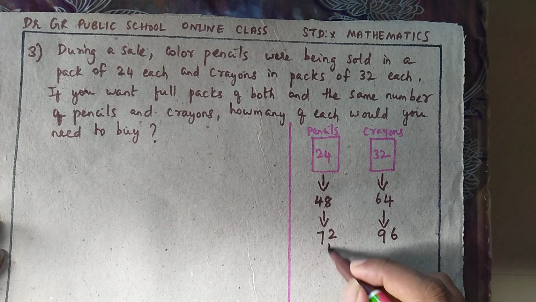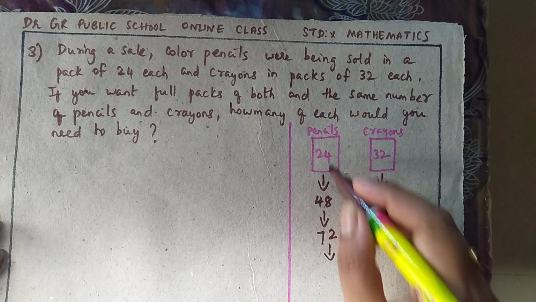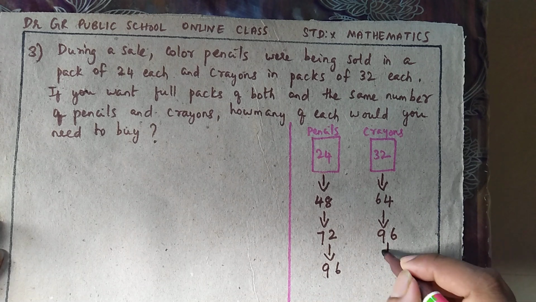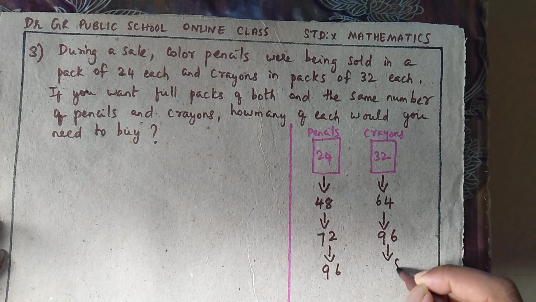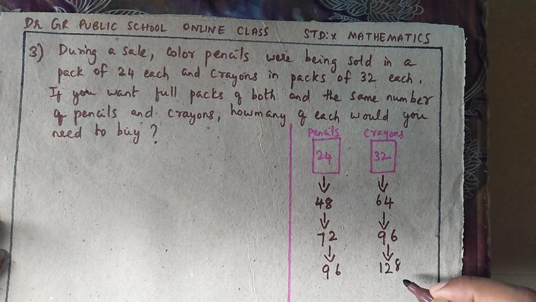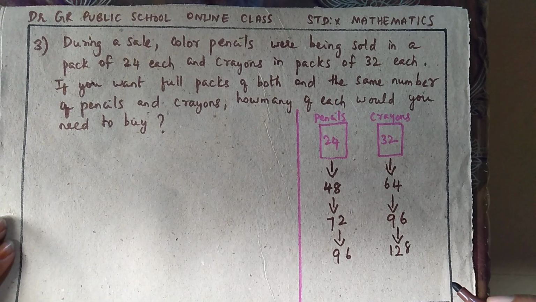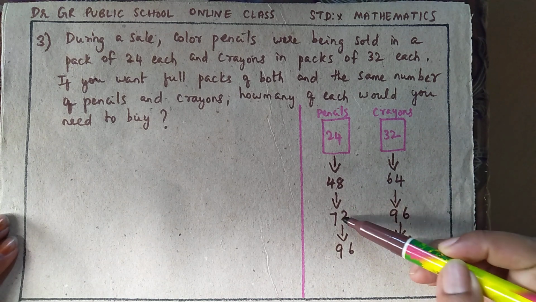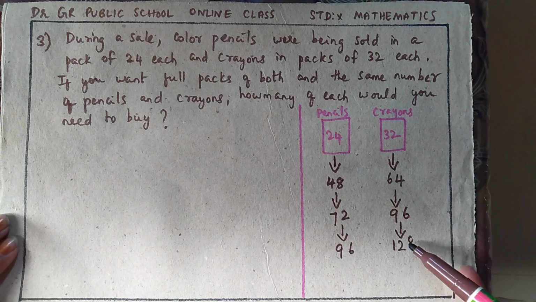Now when you do one more step, 72 plus 24, that is 96. And here 128. So what is the meaning? One packet, then we find 2 packets, then 3 packets, then 4 packets.